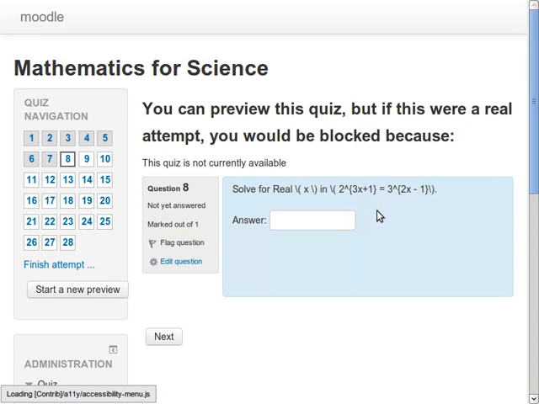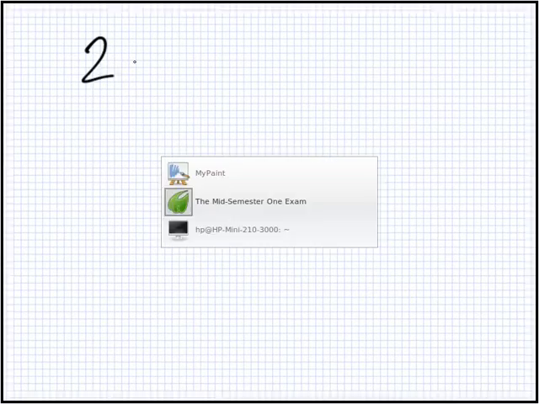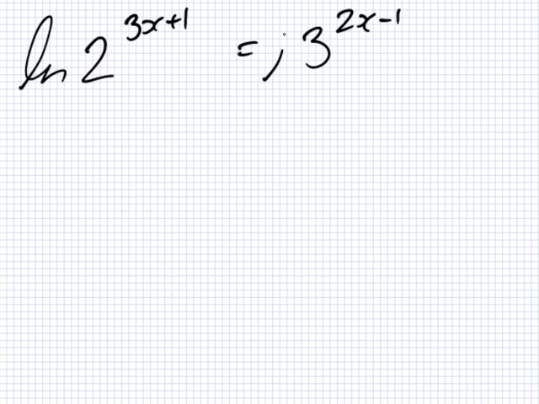Okay. This one here, we want to solve this one. This is a typical exam question. 2^(3x+1) equals 3^(2x-1). Logs, so we'll put a log here and a log here.